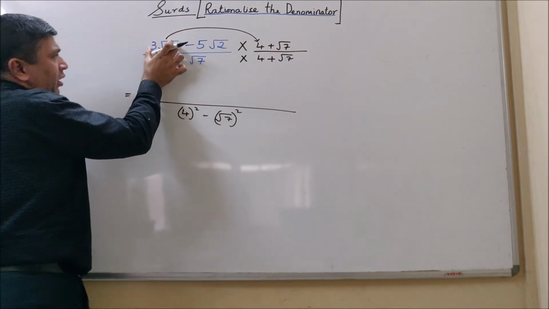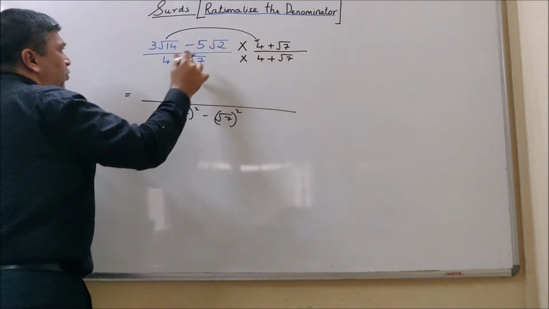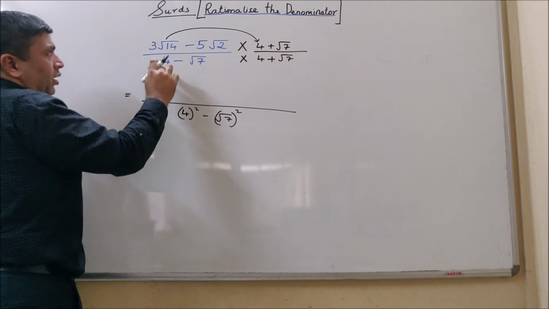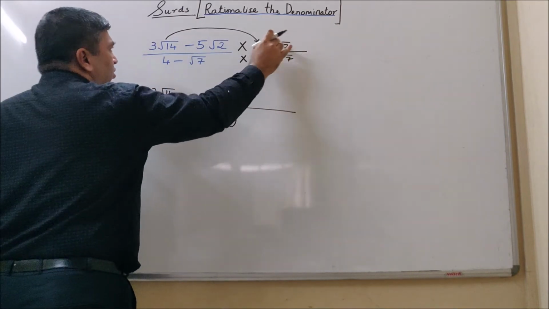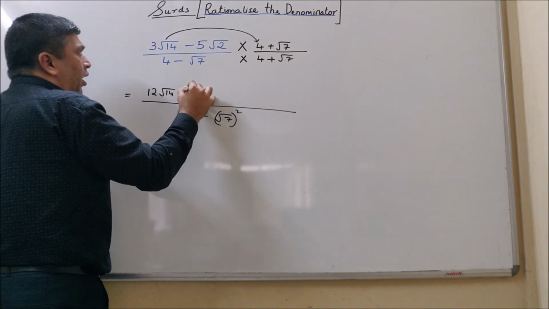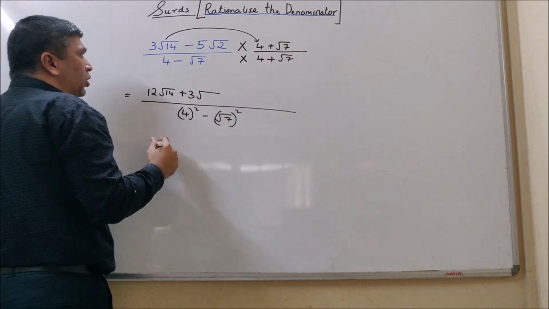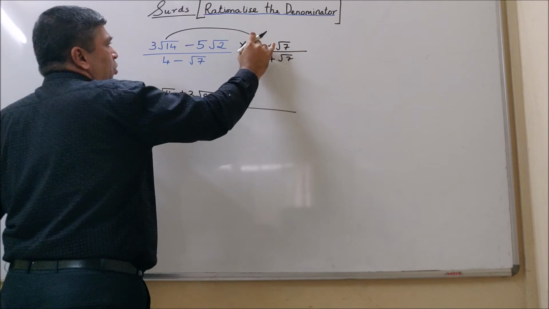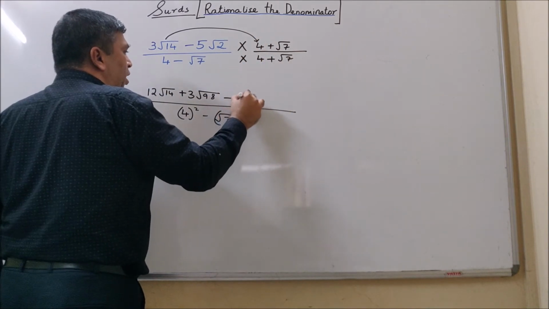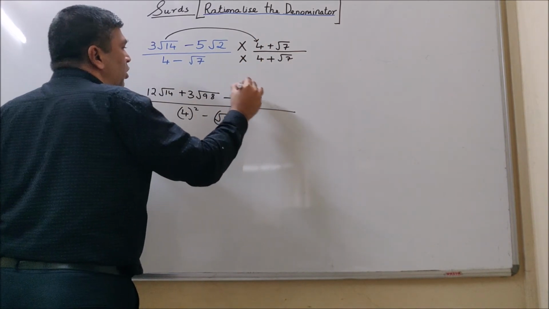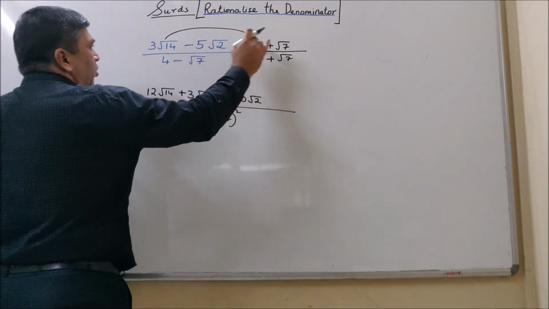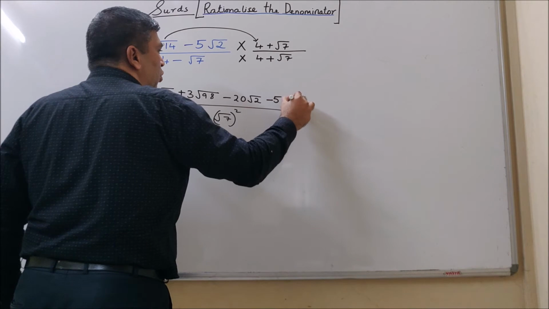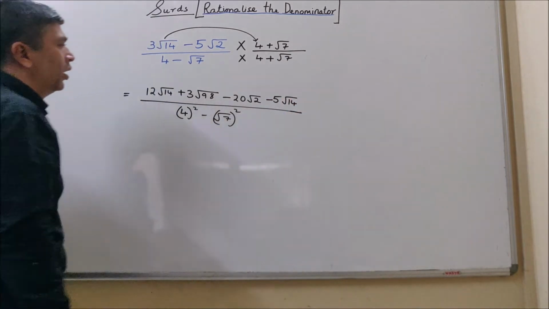The first term into the first term will become 12 root 14. This into this would be plus 3 root 98. The second term into the first term is minus 20 root 2, and this into this is minus 5 root 14.